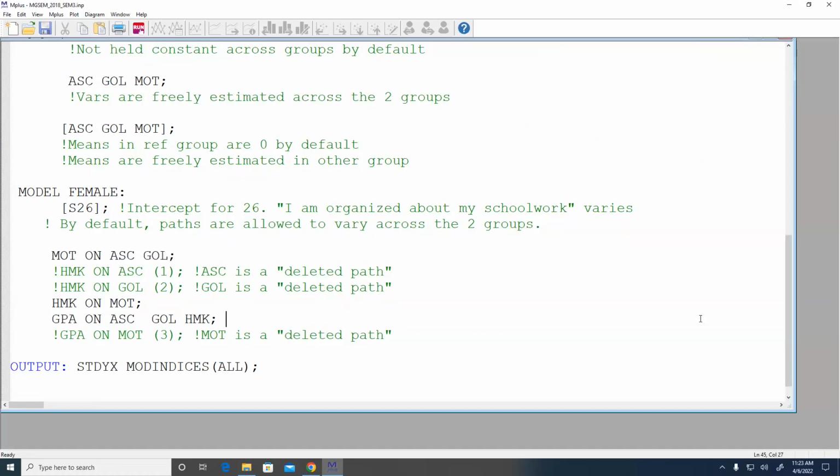Maybe it's more predictive for boys than for girls, or maybe it's more predictive for girls than for boys, which doesn't say that boys and girls are different in terms of their motivation or their academic self-concept or the goal valuation, just that our model of predictive pathways, our structural model, functions differently across the two groups.